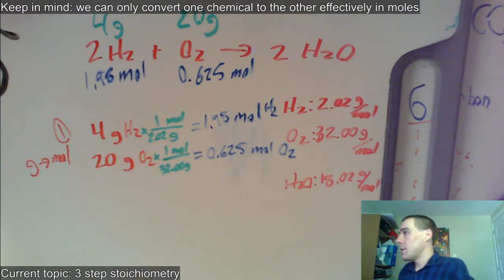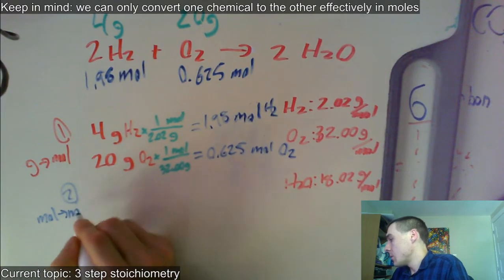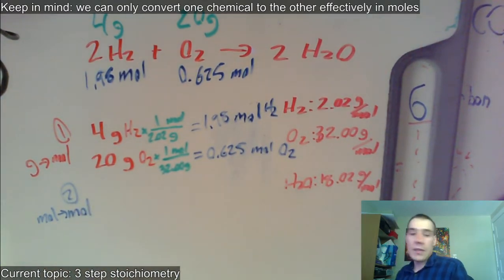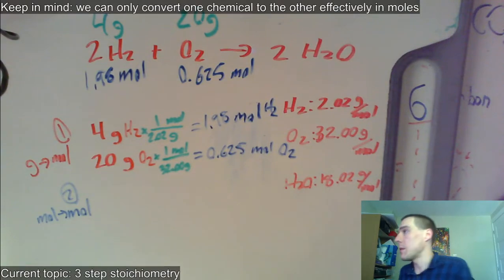Now we're going to go to step 2. Step 2 is moles to moles, and that's going to use the mole ratio, moles of A to moles of B. We can only do that in moles when we're working with moles.